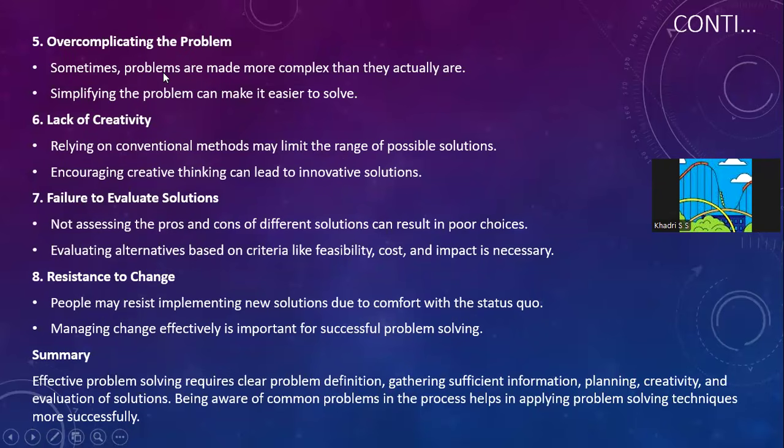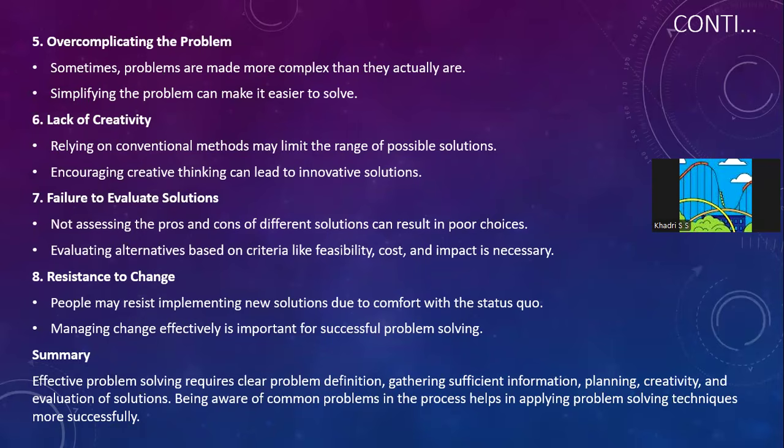And the fifth one, overcomplicating the problem. If the problem is known and you are familiar with it, you will solve it and gather some information. But without knowing the problem, sometimes problems are made more complex than they actually are.